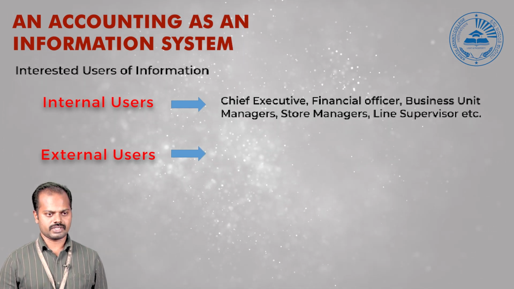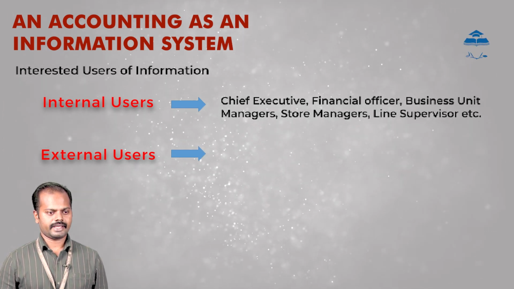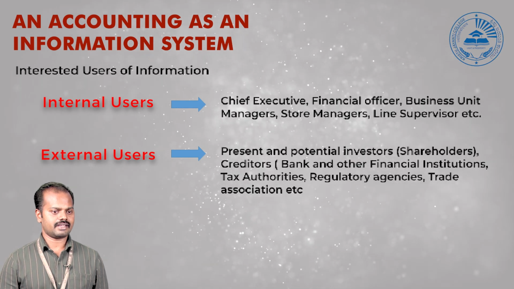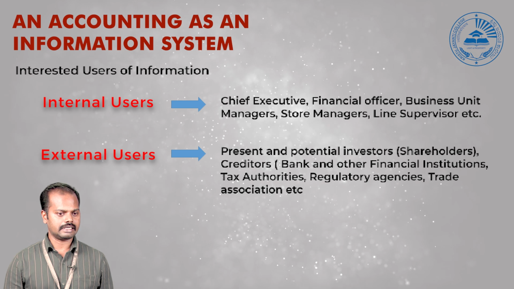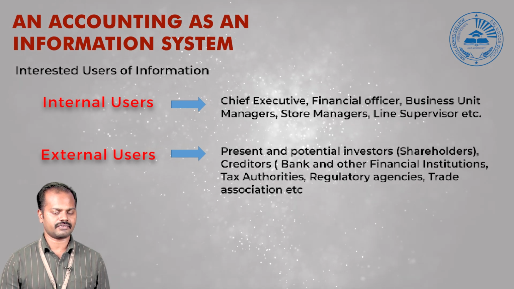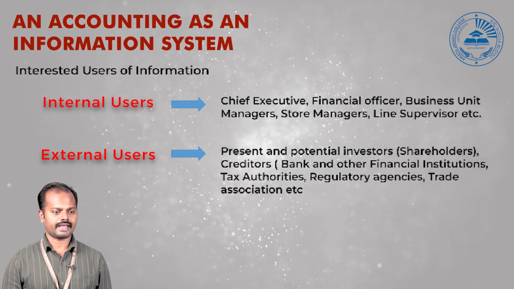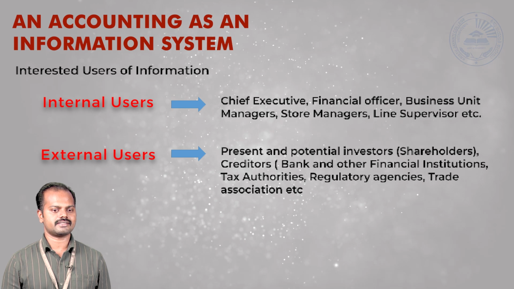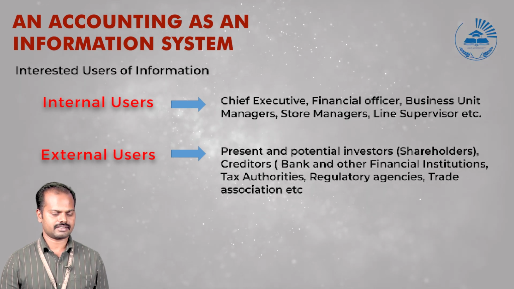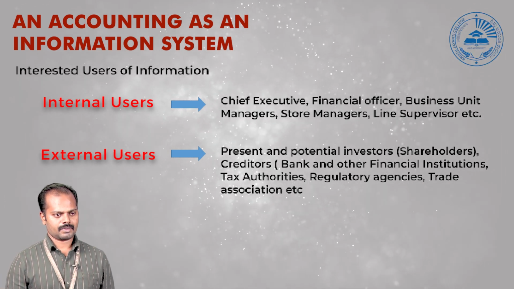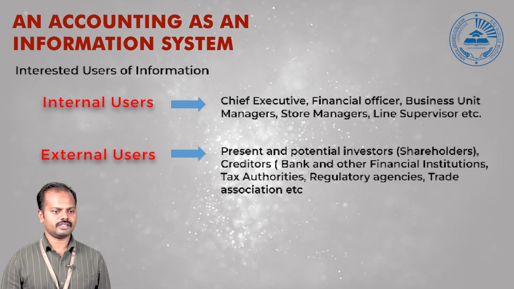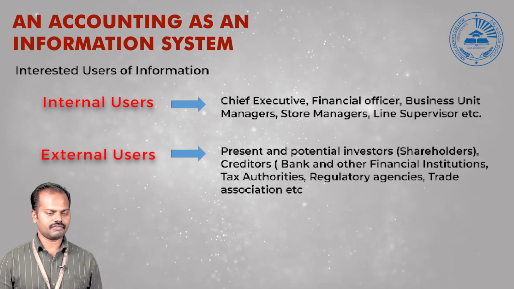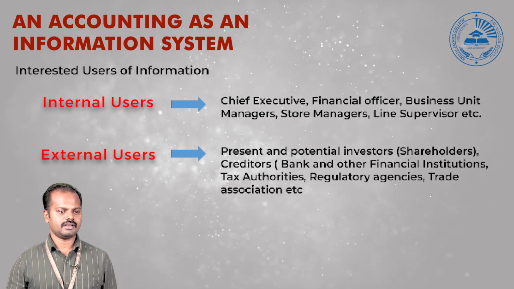The external users are the present and potential investors, shareholders, creditors, that is banks and other financial institutions, tax authorities, regulatory agencies, trade associations, etc. As already mentioned, it is mandatory to publish the financial information or reports for outsiders.